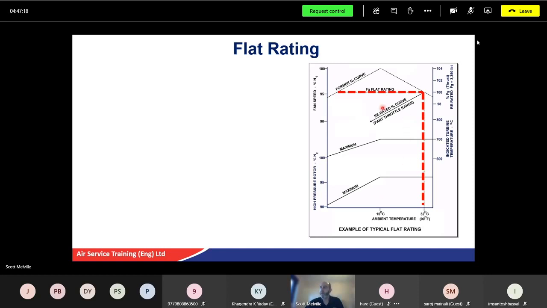As long as the pilot's flying within this ambient temperature and speed, etc. for N1 and N2, then yes, they will guarantee the pressure required in there, and also the temperature as well. The roof on the flat ratings, I call it, that is the extra bit within the engine that potentially there's a little bit extra if required, but it also depends on the ambient temperature outside.